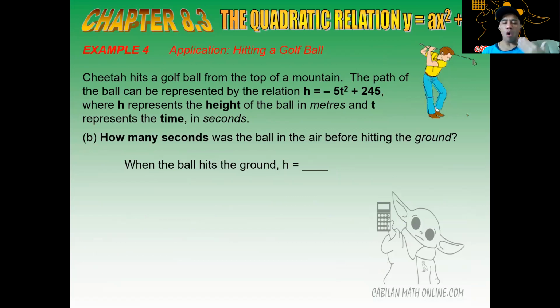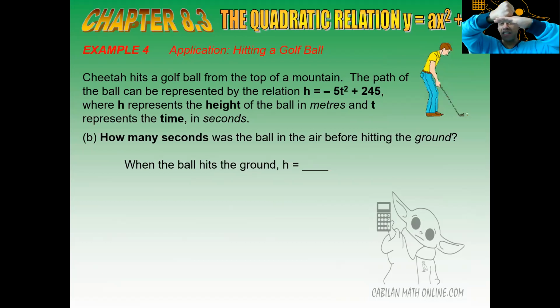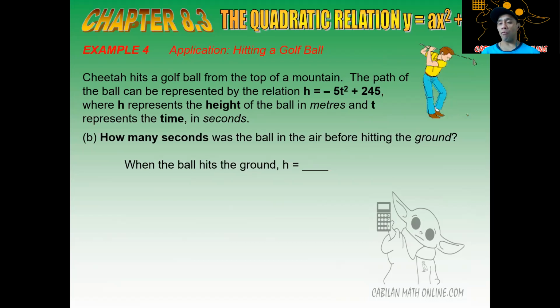So you have to ask yourself, when the object touches the ground, how high is that object off the ground? Well, if it's on the ground, it's not going to have any type of height. So in order to solve for the time when an object hits the ground, you need to let h equal 0.